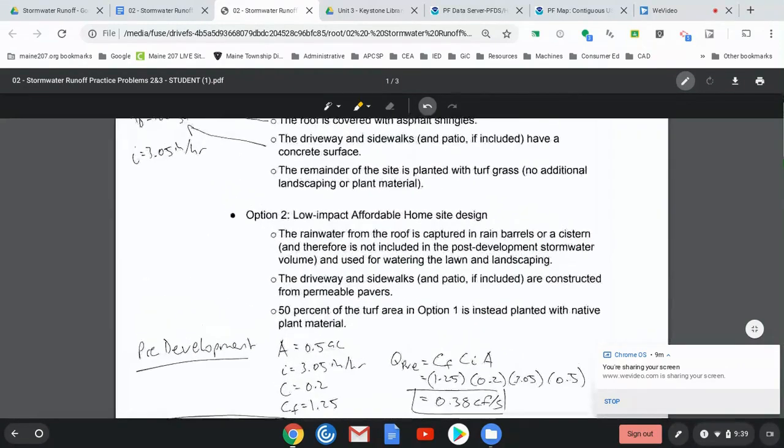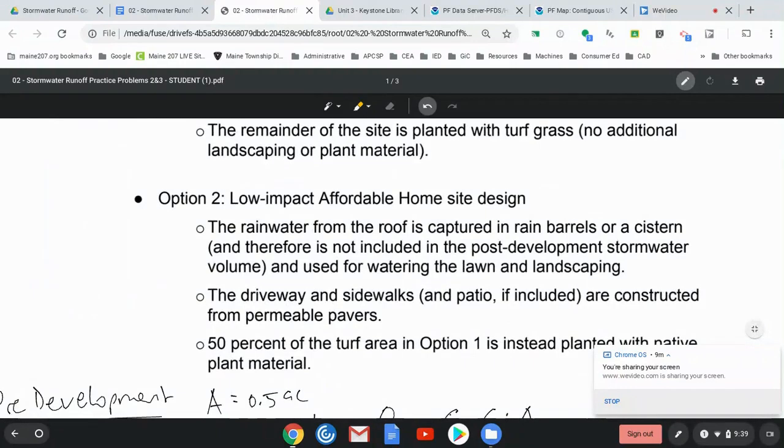So option 2, it's trying to take as much, it's a low impact affordable house design. So the rainwater from the roof is all captured in barrels or a cistern. Therefore, there's no runoff from the roof. You've trapped it all. You're going to maybe use it for gardening or irrigation of some system. The driveway and sidewalk are constructed from permeable pavers, so you can get a lot more water going into the soil.